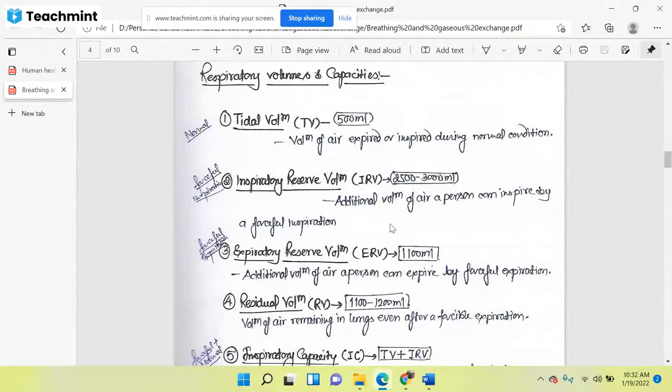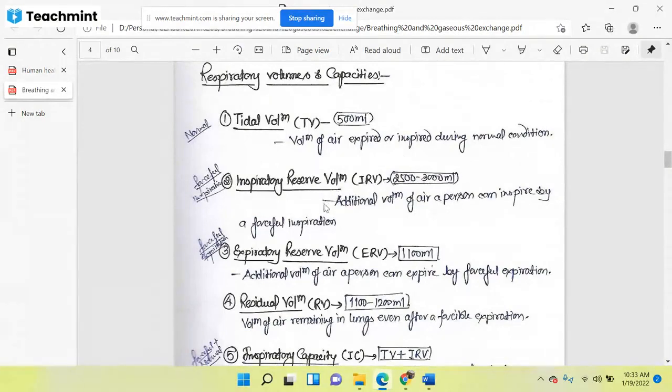But if we are inspiring forcefully, meaning inhaling air forcefully, then we can inhale some extra amount of air, and that additional volume is called inspiratory reserve volume. It ranges from 2.5 liter to 3 liter, or 2500 ml to 3000 ml.